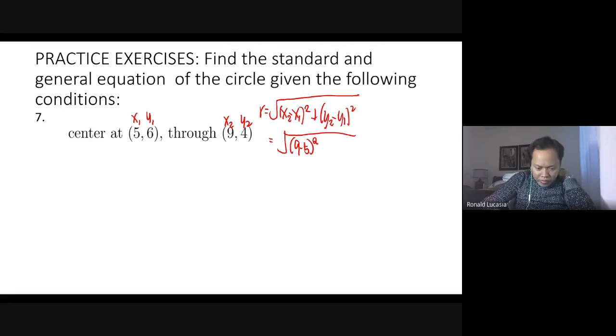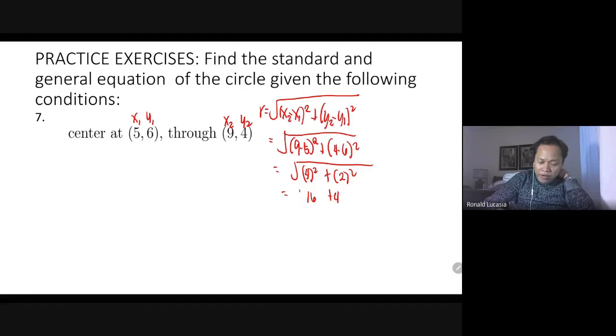So 9 minus 5 is 4 quantity squared. 4 minus 6 is negative 2 quantity squared. 4 times 4 is 16. 2 times 2 is 4. So 16 plus 4 is 20.